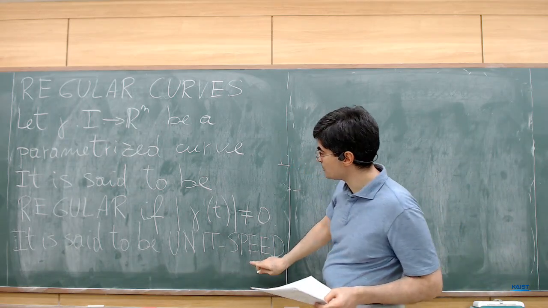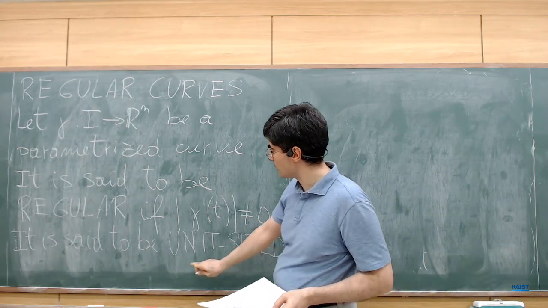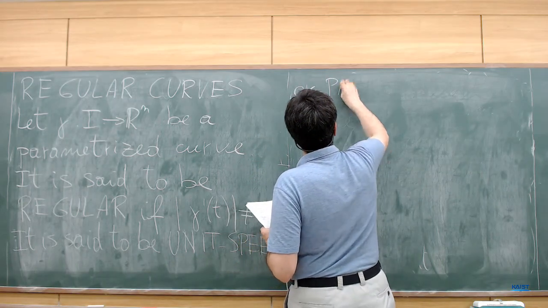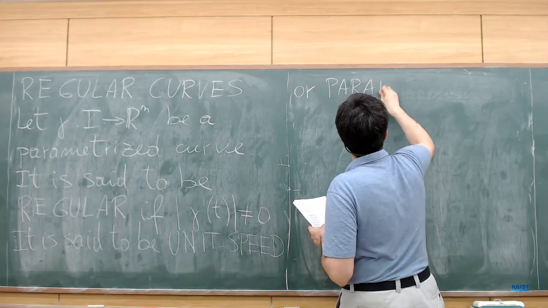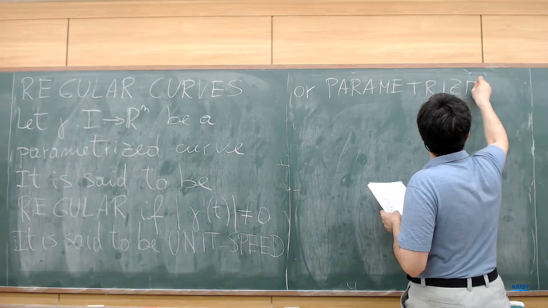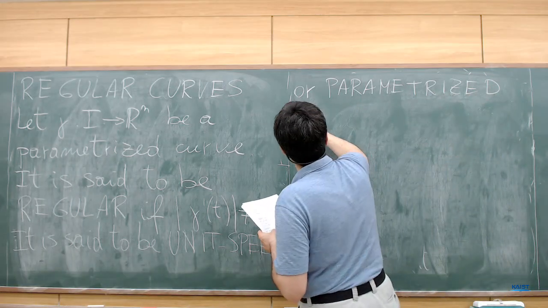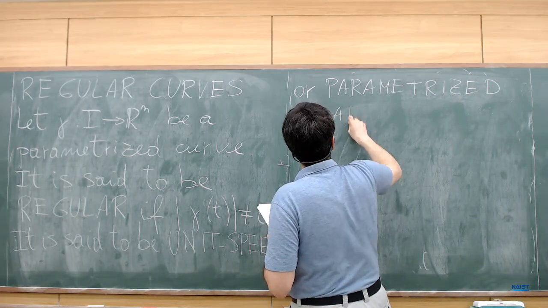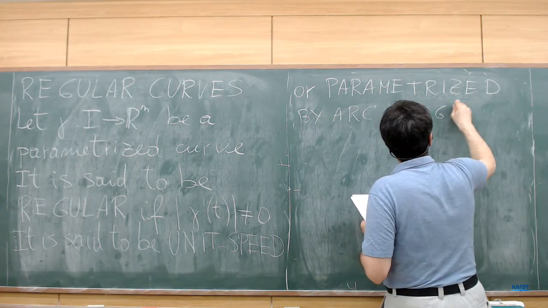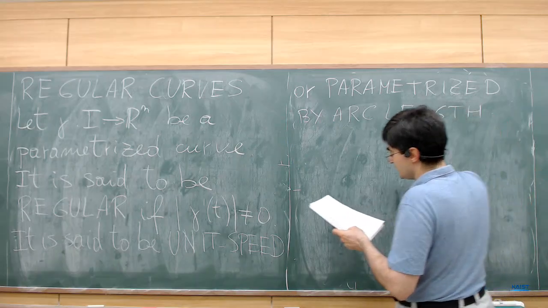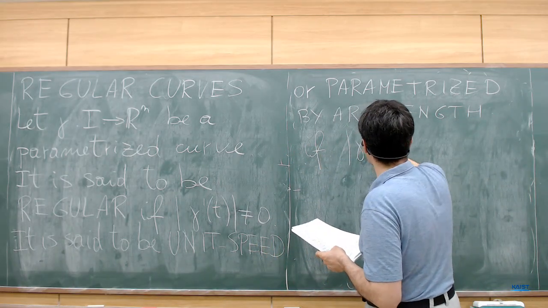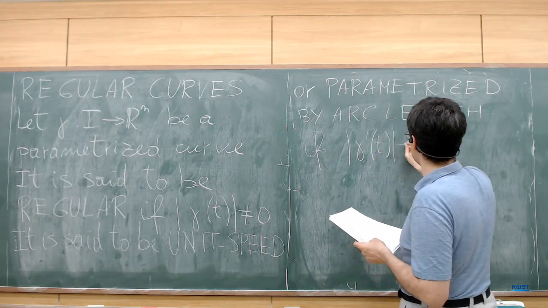Before writing down the definition, I would like to say that we can also call these curves parameterized by arc length, if, as I told you before, gamma prime of t is a vector of length 1.